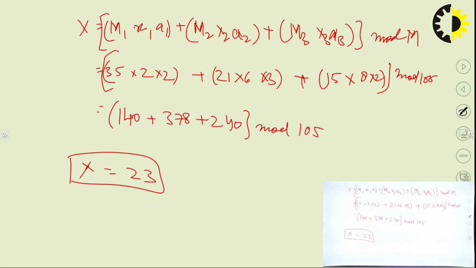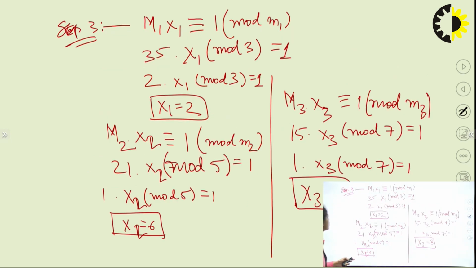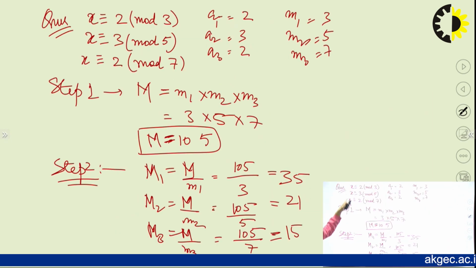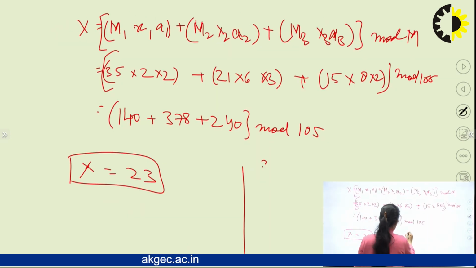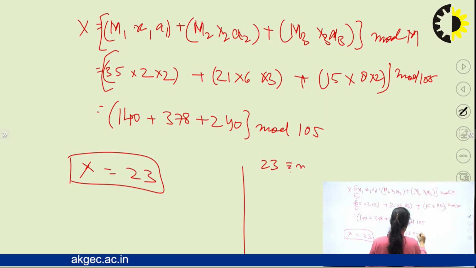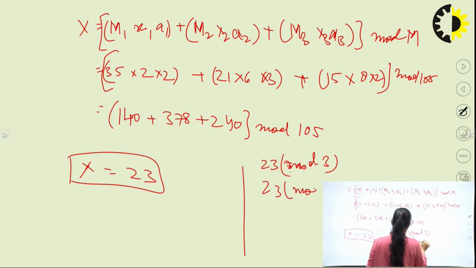Now again we can cross-check whether the calculated x equals 23 is correct or not. We will put this value of x in our three equations given in the question. If it gives the respective remainders, it means our solution is correct. 23 mod 3, 23 mod 5 and 23 mod 7.